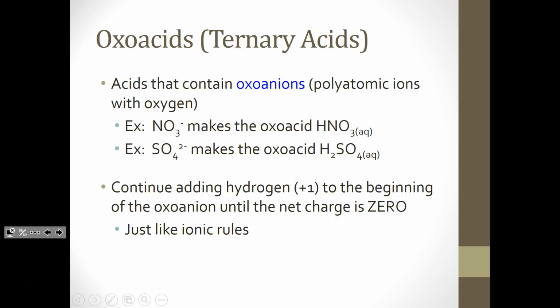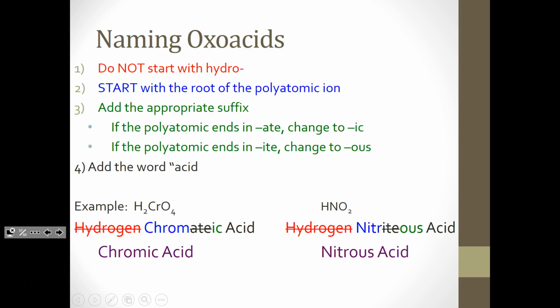So you're going to continue adding hydrogens just like we did before to the beginning of the oxoanion until the net charge is 0. So that's just like we did before. Okay. Once again, you can memorize these or you can understand how to write them so that way you can apply it to anything. So here's one of the key differences between binary acids and ternary or oxo acids.